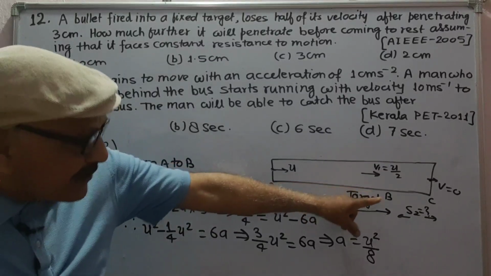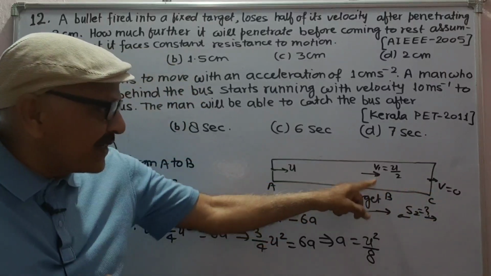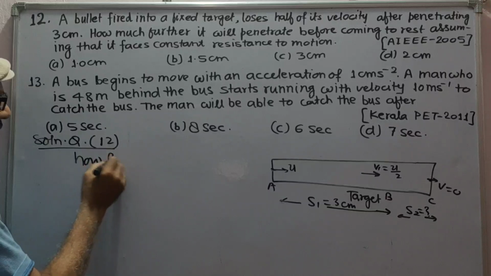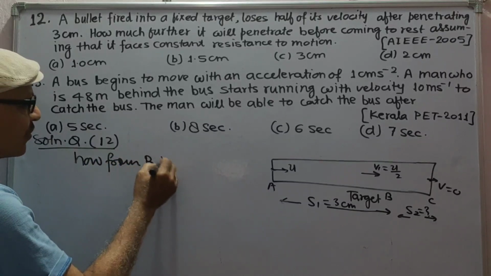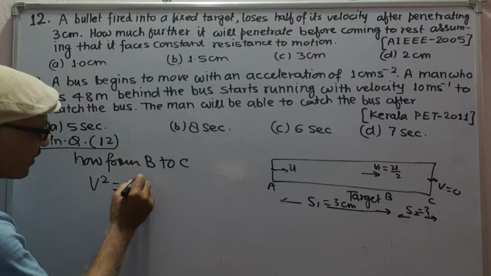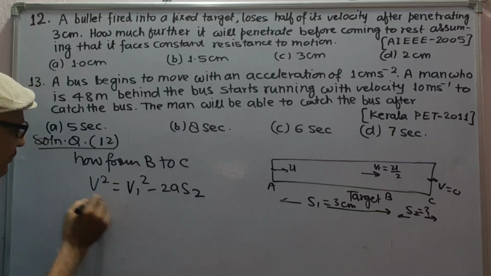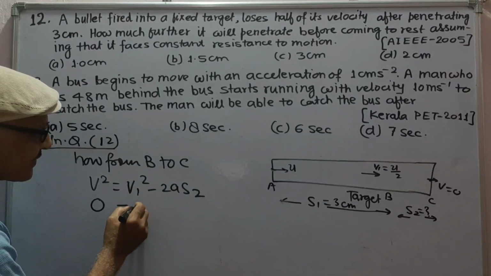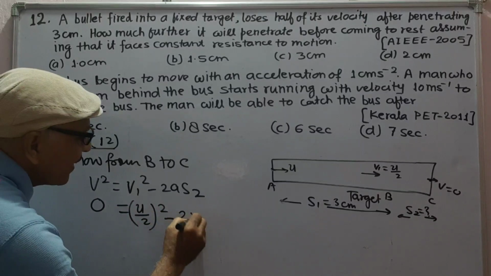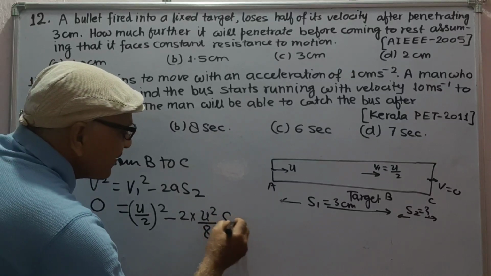Now from point B to point C, this is final velocity and this one is initial velocity. Now from B to C, v square will be equal to v1 square minus 2a s2. This v is 0, v1 is u by 2 whole square minus 2a is u square by 8 into s2.